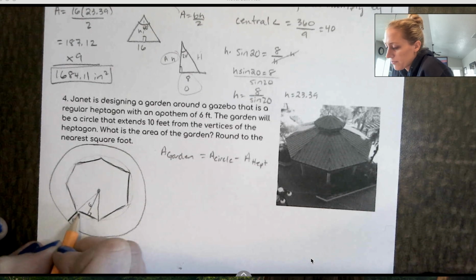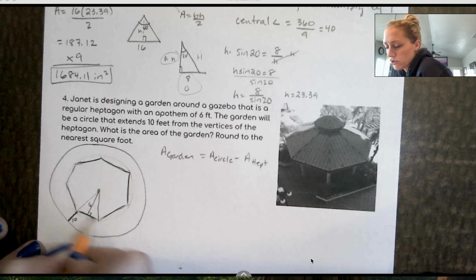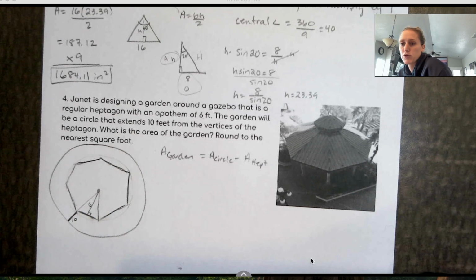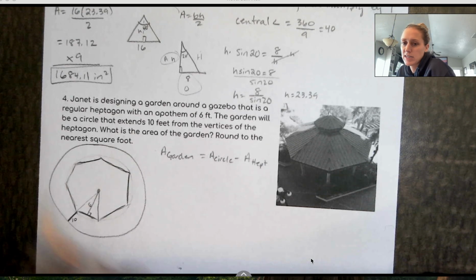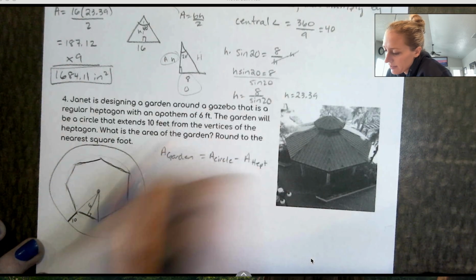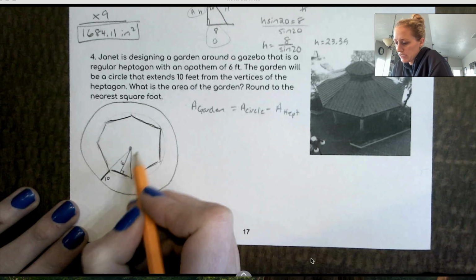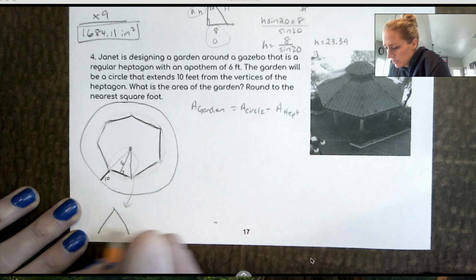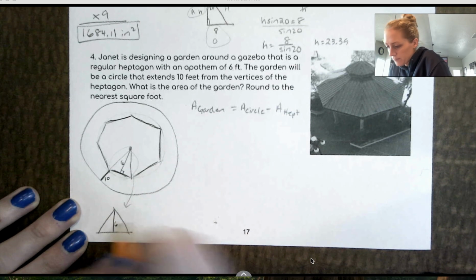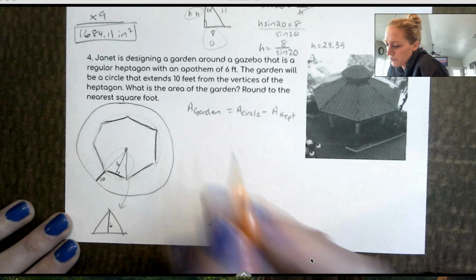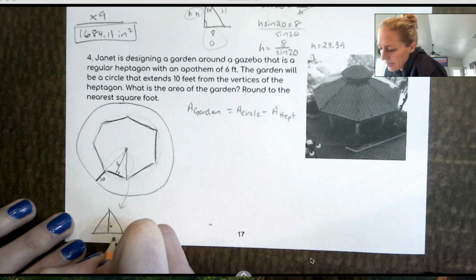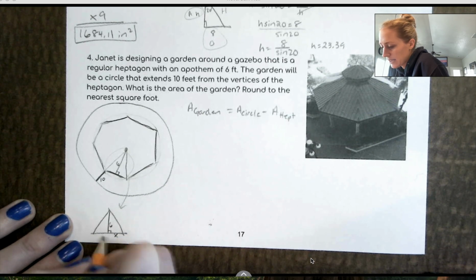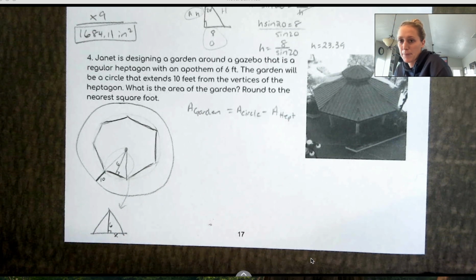So remember, I can find the area of just this one triangle right here, and then I can multiply by 7 because there are 7 sides. So I'm going to just take this part and blow it up. All right, so we are going to find the area, I'm just going to call that x. I need base times height, and then I'm going to multiply by 7.